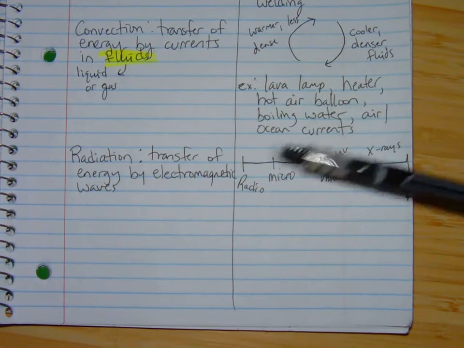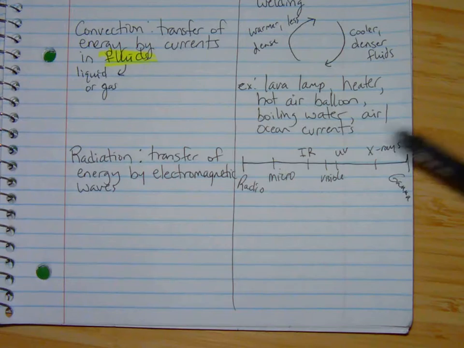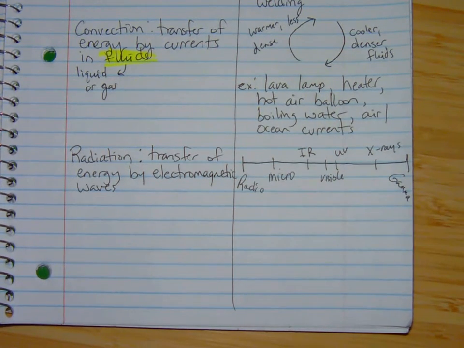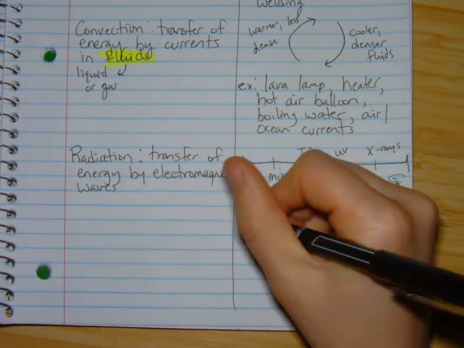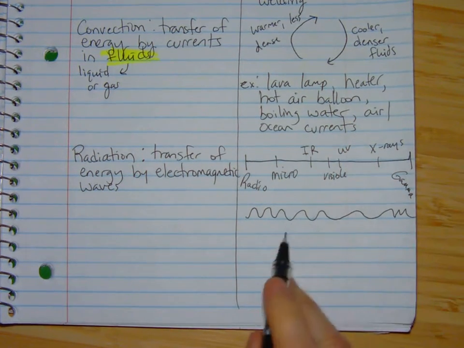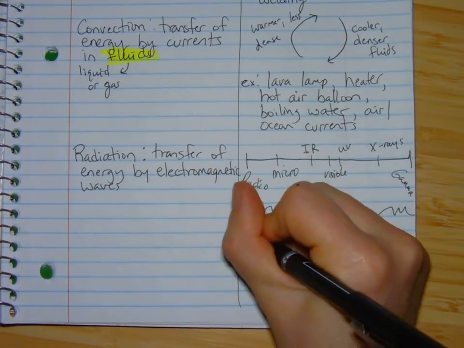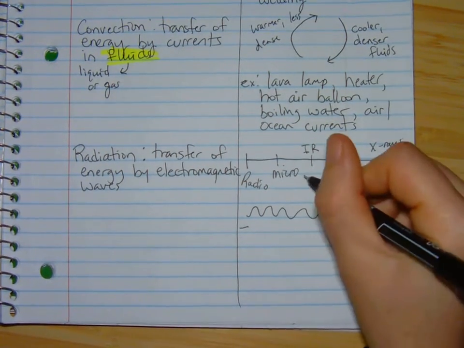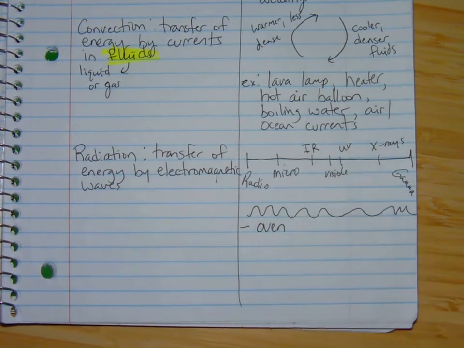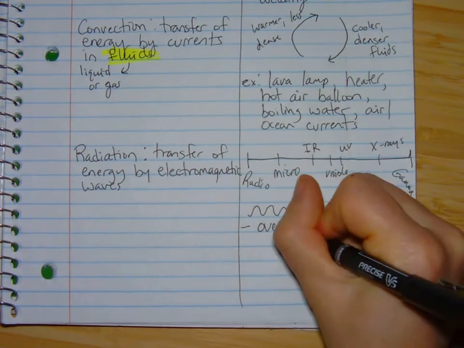All right. But this idea of radiation, these waves, they're somewhat invisible. They don't need a medium, they don't need something to travel through. And so these guys kind of look like this coming at you. Sometimes they'll have long wavelengths, sometimes short. But if we could see them, that would be the pattern they take. If you think about it, infrared is essentially thermal energy. So if you bake something in the oven, that would be an example of radiation.